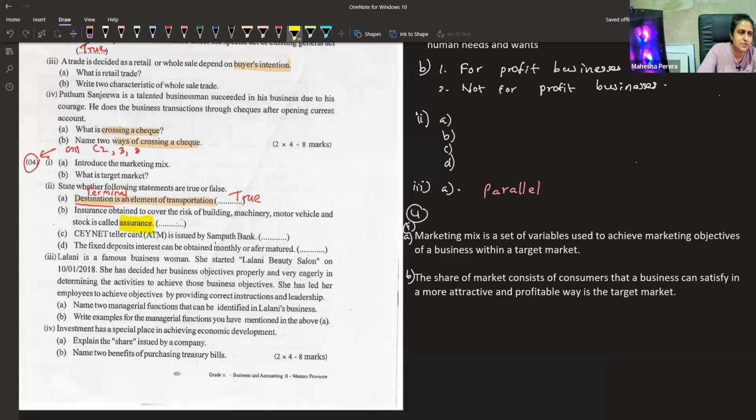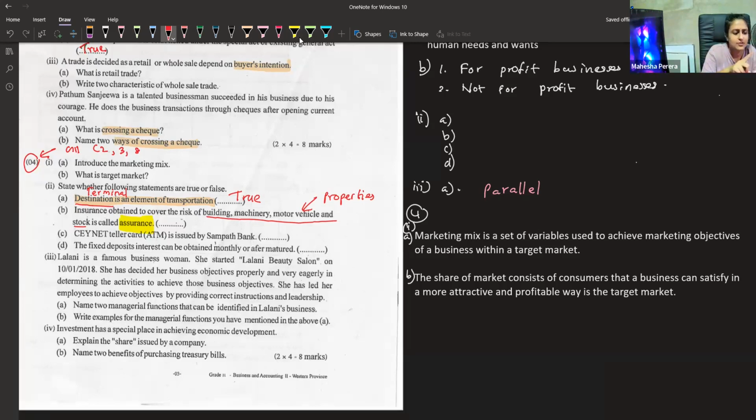Let me explain. Buildings, machinery, motor vehicles and stock are properties, right? The insurance we obtain to cover the risk associated with property, we call property insurance. We have two types of insurance: life insurance and property insurance.